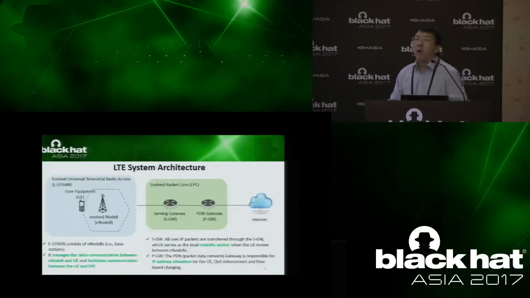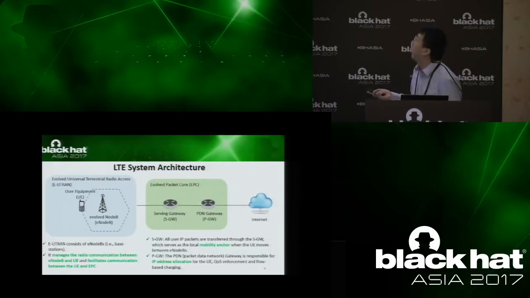The second thing I want to introduce is the reason why 3G and 4G networks are called intranet. Here I would like to use LTE to show this idea. In 4G, we usually have three components.